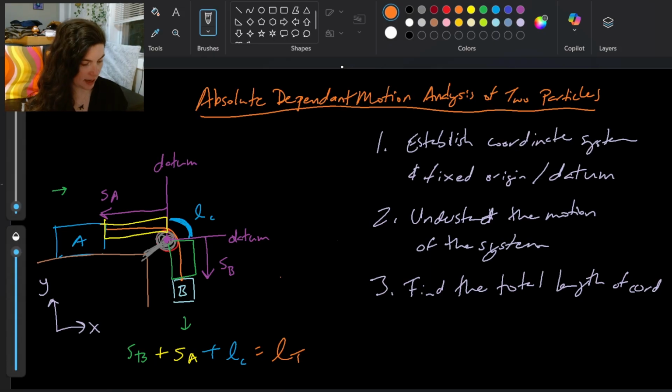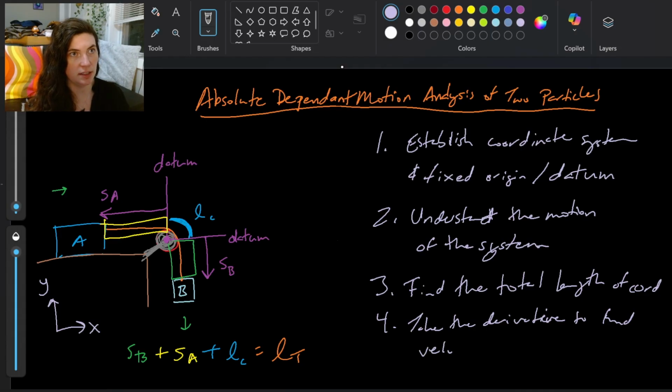So my final step when solving these dependent motion problems, this dependent motion analysis, is to take the derivative to find velocity, and then repeat it, take the derivative again for acceleration.